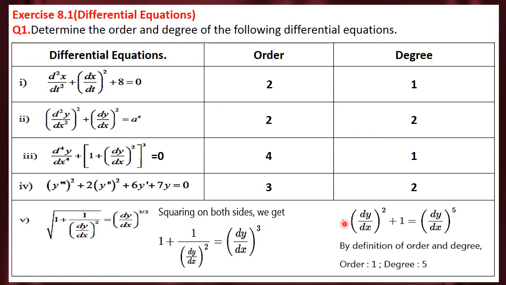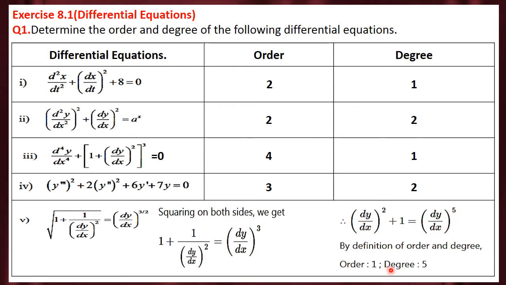Now there is no fractional exponent or square root. So we will consider this as the differential equation and the highest derivative occurring here is dy by dx. So its order is 1 and its highest degree is 5.